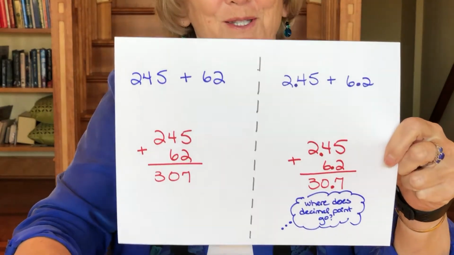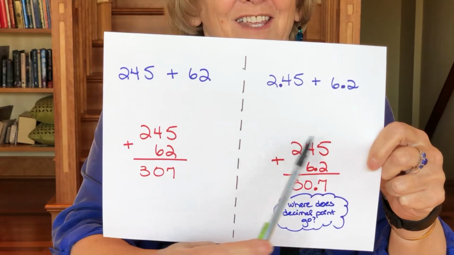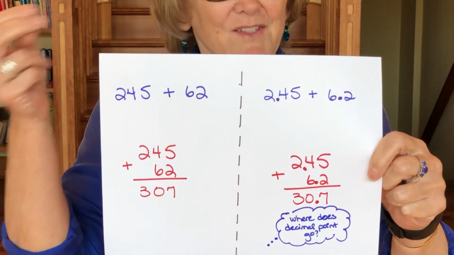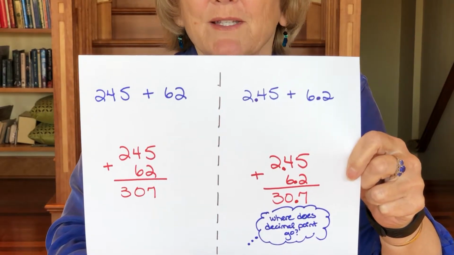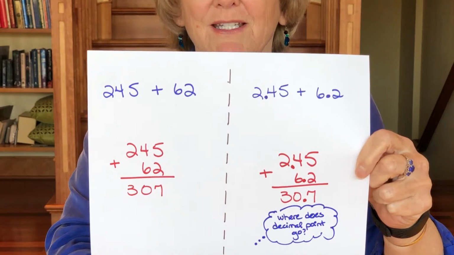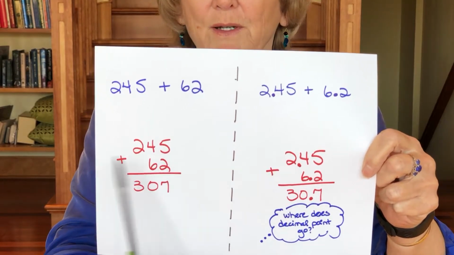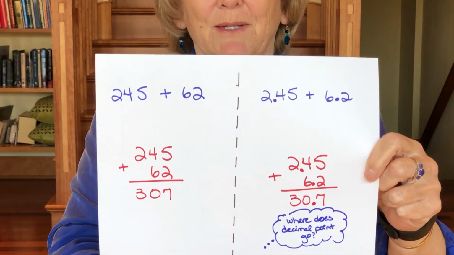And I've had more than one student who has done this. If they don't understand how place value works with decimal numbers, meaning what's the underlying place value understanding that I need when I'm representing decimals, then they're going to try to apply what they know about whole number addition to decimal addition.